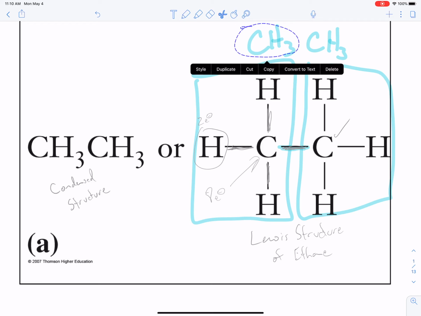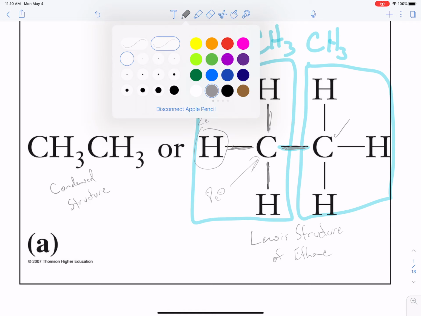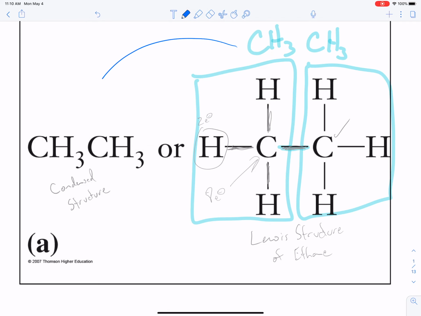And in doing so, it kind of looks like CH3CH3, which is right here. That becomes our condensed structure. And that takes a lot less time to write out than the Lewis structure.